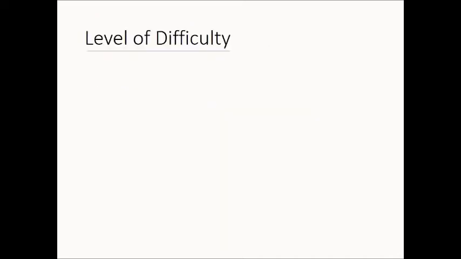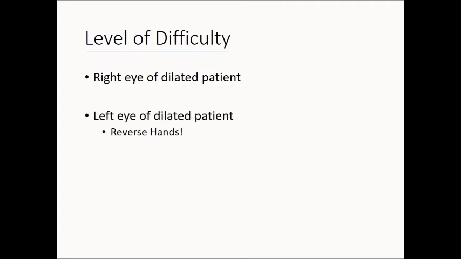For a right-handed person, in terms of difficulty, the easiest task will be to examine a patient's right eye when they're dilated. And that should be the first thing that you should try to focus on excelling at. Once you have a handle on that, then perhaps try to now examine the left eye of a patient that's still dilated. And don't forget that everything has to be reversed at this point.